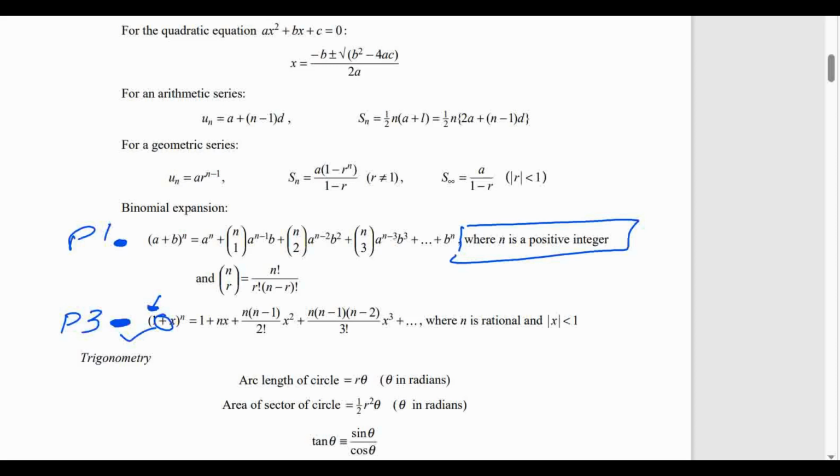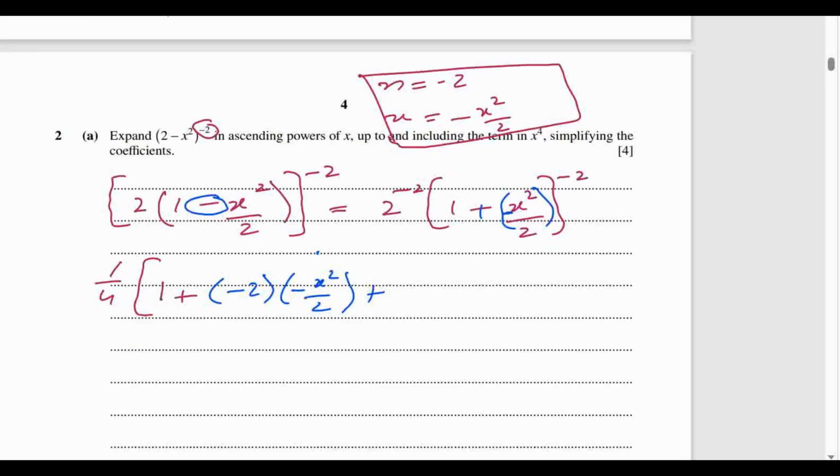now this symbol is the factorial. n into (n minus 1). The next one is n into (n minus 1), which means this will be minus 2 into (n minus 1).